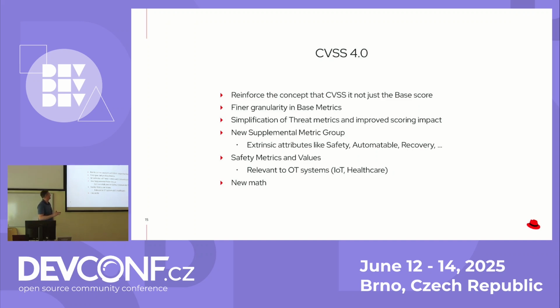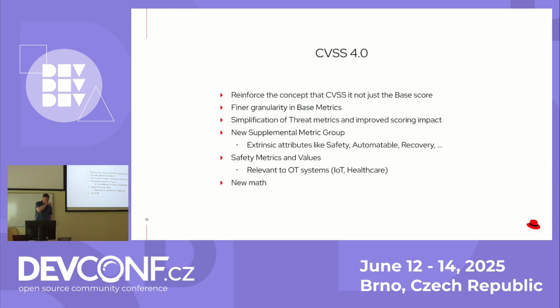They also defined that a score needs to show whether it is only showing the base metrics, or a combination of base plus threat metrics. And they added a new supplemental metric group with additional metrics that can score a vulnerability on top of the safety, for example, the physical safety of people, if it can be affected.